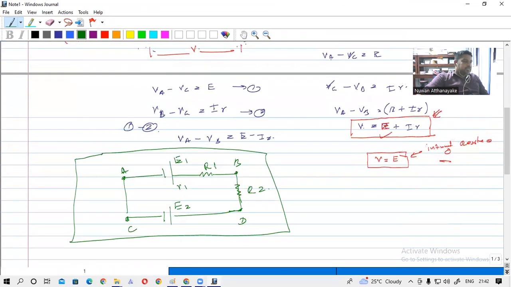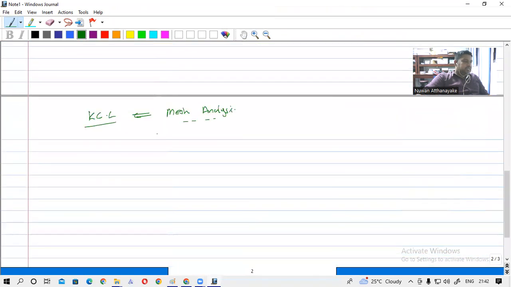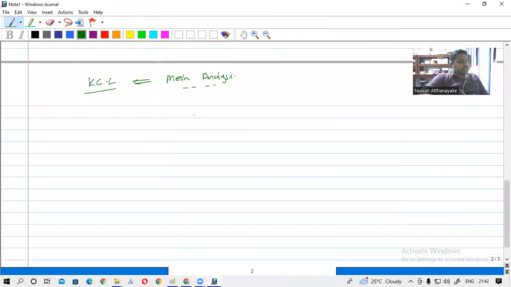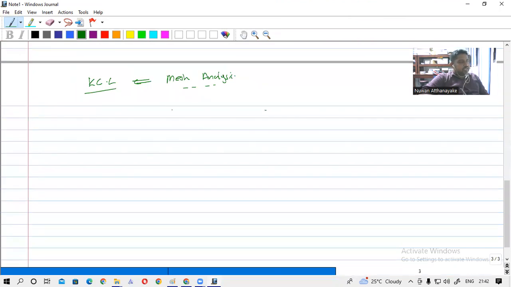So anyway, the Kirchhoff current law says that if we have a point in a circuit, and different currents come to and go from this point, the algebraic sum will be zero.